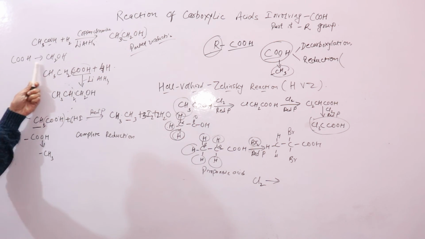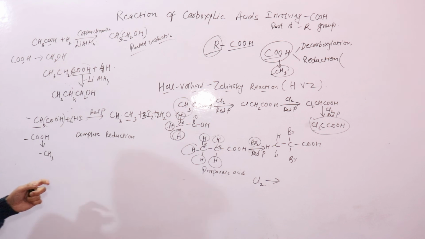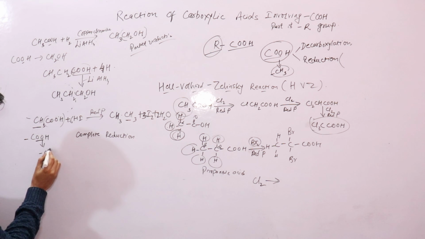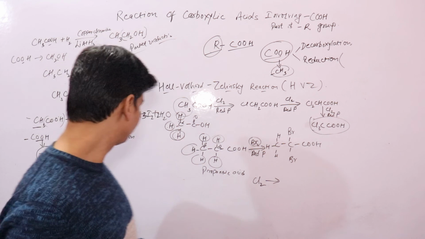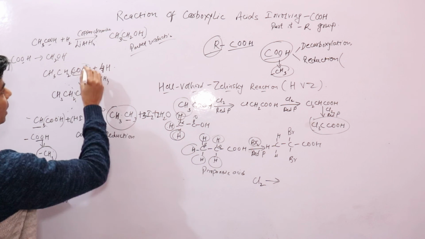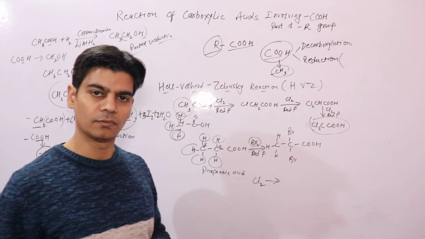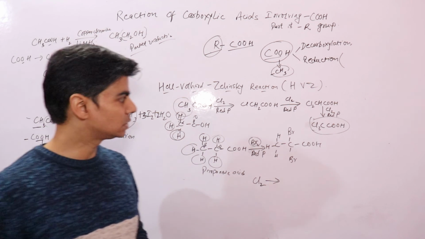You can see this is not complete reduction because one oxygen is still here. In complete reduction, all these oxygens are reduced and it has completely changed into CH3. In complete reduction, alkanes will get formed. In partial reduction, your primary alcohols will get formed. Just remember all this. I hope all this is clear. Thanks.